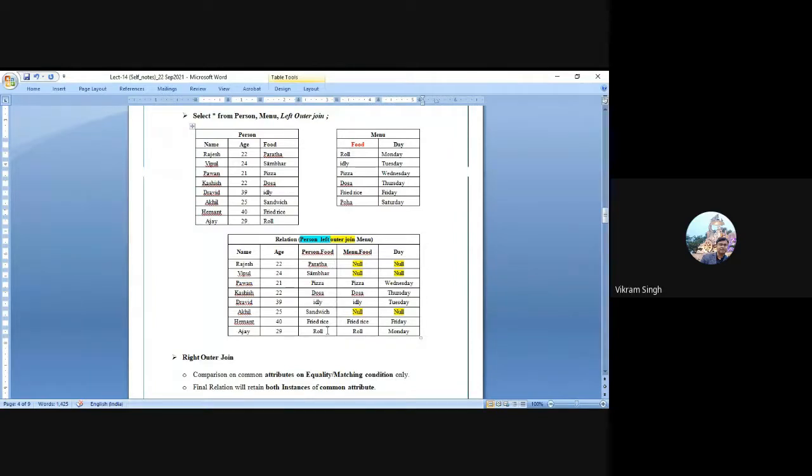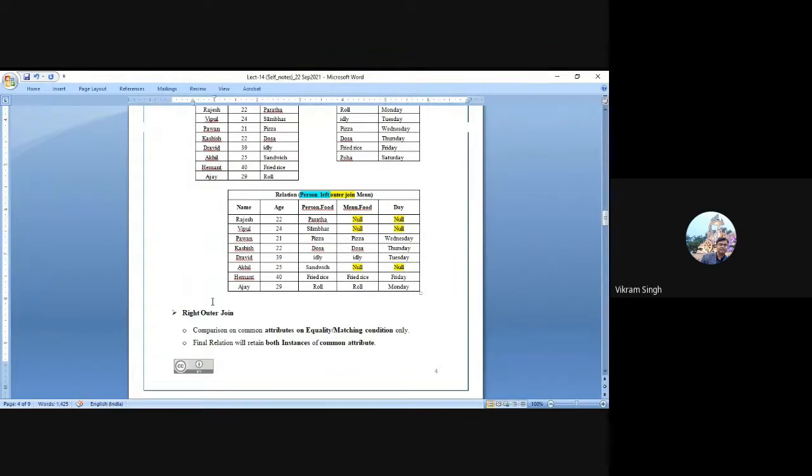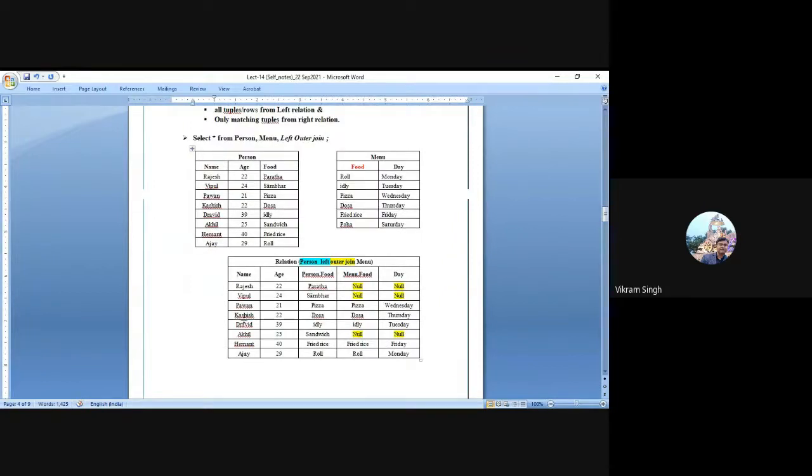So all the matching tuples from the second or right side relation will be fetched, and for non-matching places, it will simply introduce null values in the resulting relation. Similarly, if you look at the right side, the emphasis has now changed. Till now, in the left outer join, we were focusing on the tuples of the left side relation, which is person.